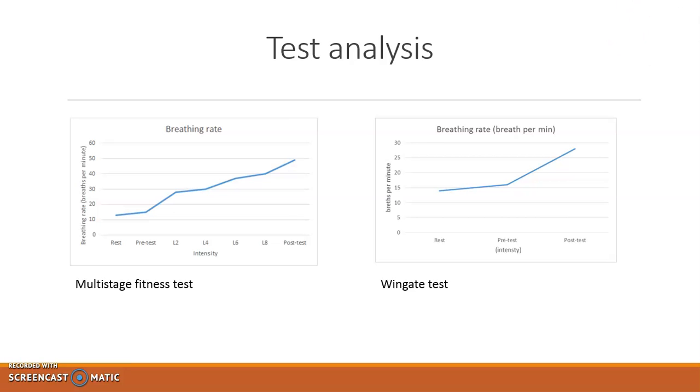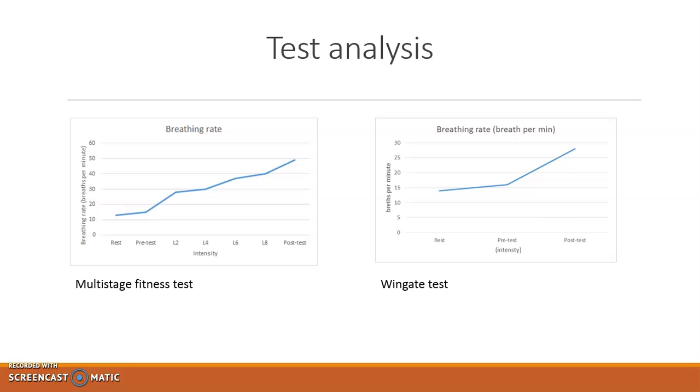So we can also use the results of this test to estimate the ventilation value at high and low intensities. At rest, the breathing rate was 14 breaths per minute. Multiply this by the normal resting tidal volume, which is 500 milliliters, and it gives us an estimated ventilation of around 7 liters per minute. And post-test, so after high intensity, the breathing rate was 28 breaths per minute, multiplied by the average tidal volume at maximal intensity, which is 3,500 milliliters.